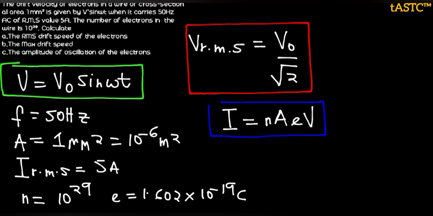It's going to be very useful. So from here, we're going to apply this in terms of root mean square situations. Because of that, we should have I RMS, and that will be equal to N A E multiplied by V RMS.